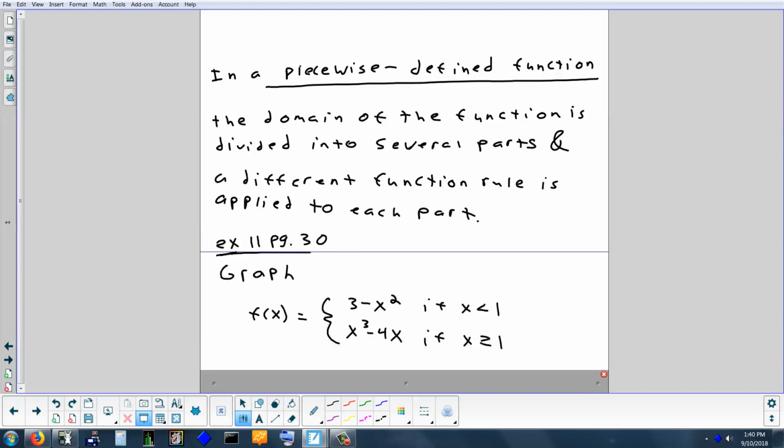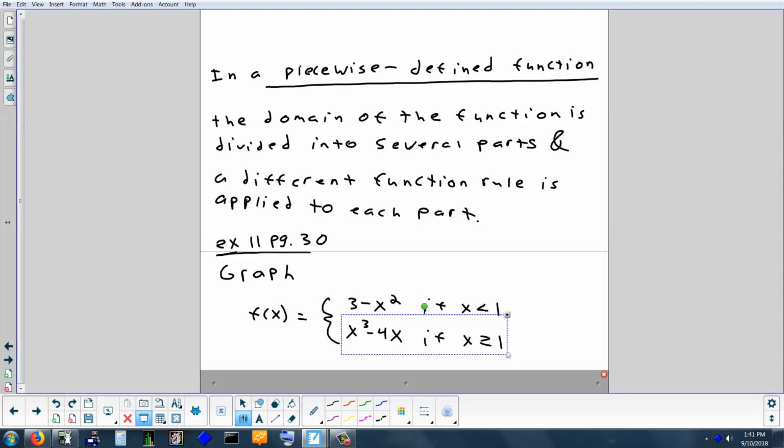You use one formula for certain x values. You use a different formula for other x values. So this piecewise function is broken up into 2 pieces. Use the first formula for any values less than 1. Use the second formula if you have a value greater than or equal to 1.